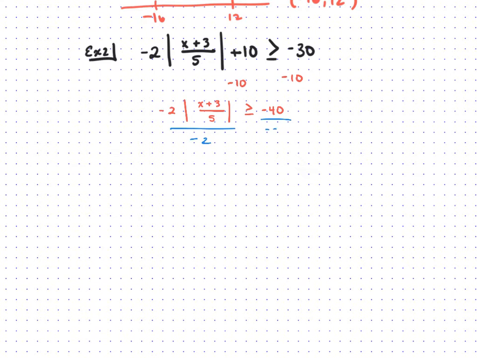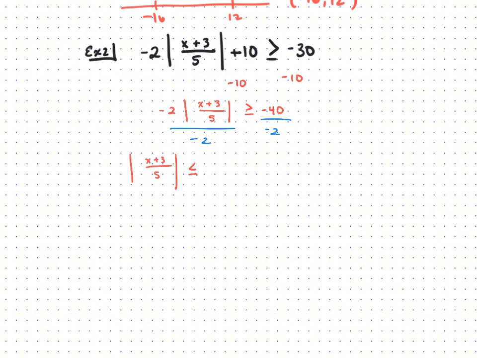Or you could think of it as multiplying by a half, whatever you want. So then I have the absolute value of (x plus 3) over 5 is, okay, so I'm dividing by a -2. That means I need to switch the sign. Not because I'm setting up two cases, but just because whenever you divide by a negative or multiply by a negative with an inequality, the sign changes.